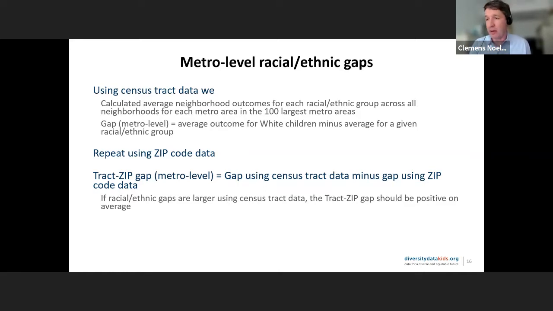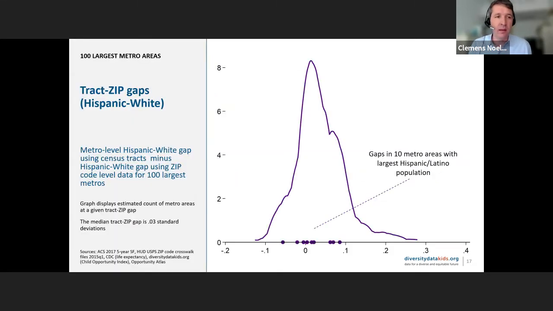Then we subtracted, let's say, the Black-white gap calculated using zip code data from the Black-white gap calculated using census tract data. Our expectation is that that gap should be positive on average if racial ethnic gaps are larger in census tract data. So let's start with the Hispanic-white gap.